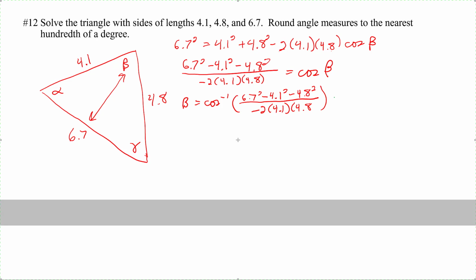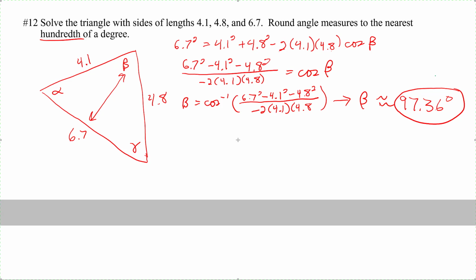And we get beta is approximately equal to, and we're rounding to the nearest hundredth this time, so let's see what I got. I got beta is approximately equal to 97.36 degrees. Okay, so this is one angle.